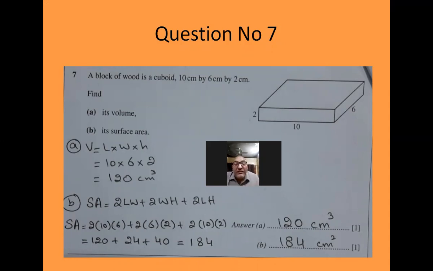So the surface area will be 2 into 10 into 6 plus 2 into 6 into 2 plus 2 into 10 into 2. So we will have 120 plus 24 plus 40, and that will be 184 centimeter square.